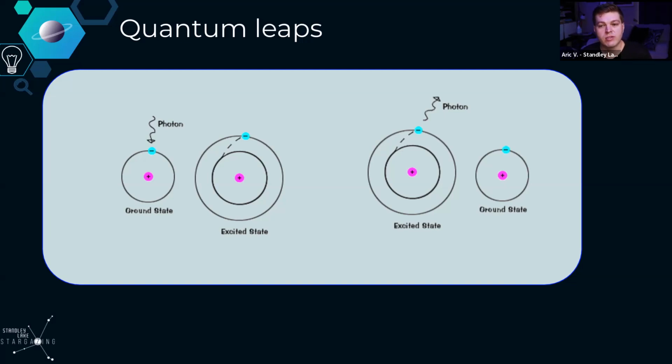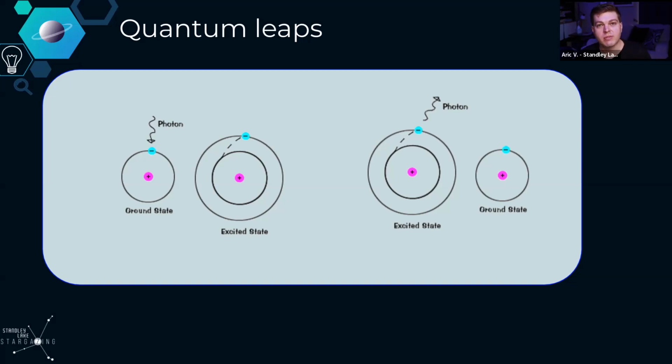Well, when the photon is absorbed by the atom, if it has enough energy, it will cause that electron to jump up to the next excited state. So basically that energy is transferred to that leap. It's the energy that it takes to remove it from the ground state and cause it to jump up one orbital outward, just like you can see on the left-hand side of the screen.